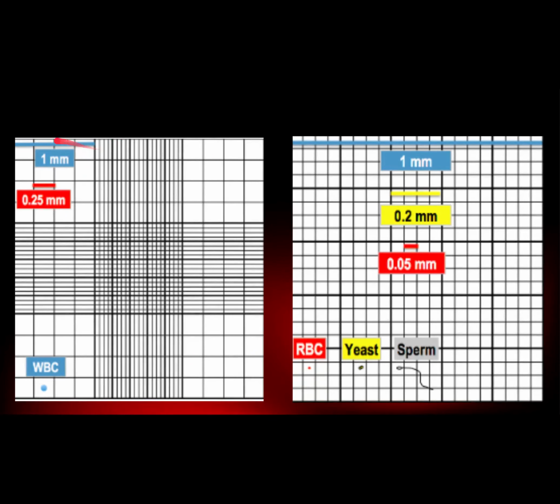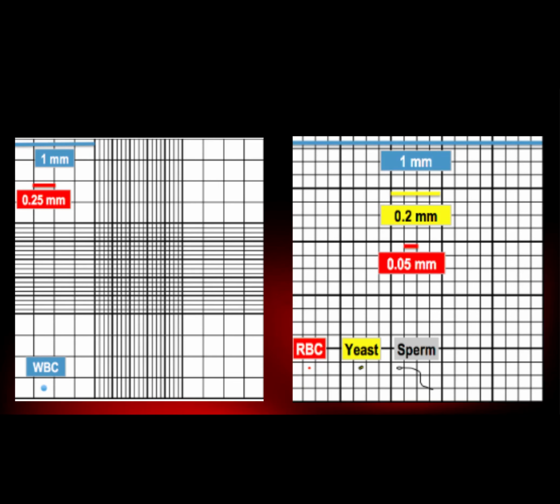Bakit po siya 9? Because this is 1 by 1, 1 by 1, 1 by 1, and we have a total of 9 squares. So for one entire grid, the area is typically 9 millimeters squared. That is a 3 by 3 millimeter grid. Multiplying the area by the depth, which is 0.1 millimeter, gives us the total volume above the grid.